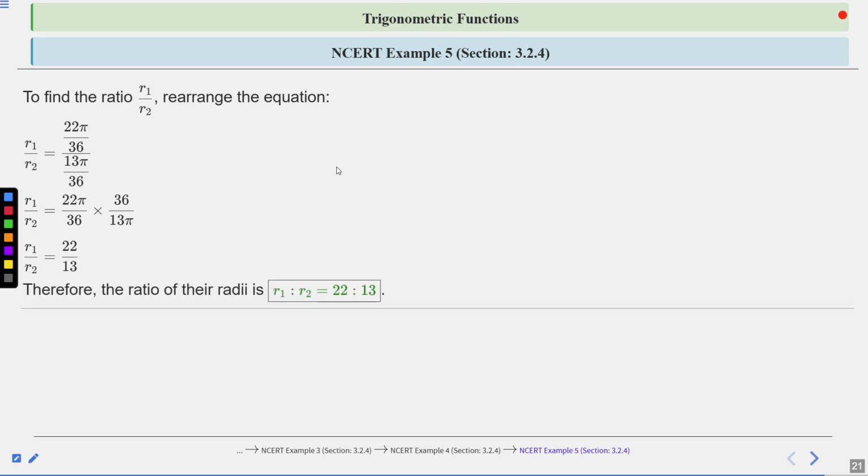And from this you can easily conclude the ratio of their radii. Radii is simply the plural of radius. Okay. Singular radius, plural radii. So the ratio of radii is going to be R1 to R2, which is 22 to 13. I hope all these steps are clear.